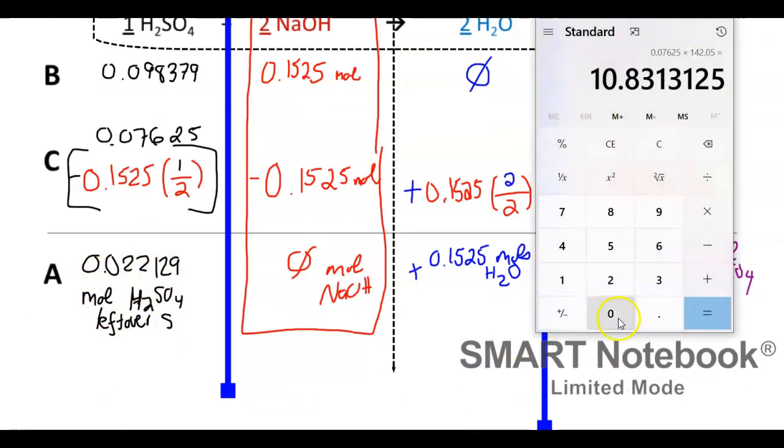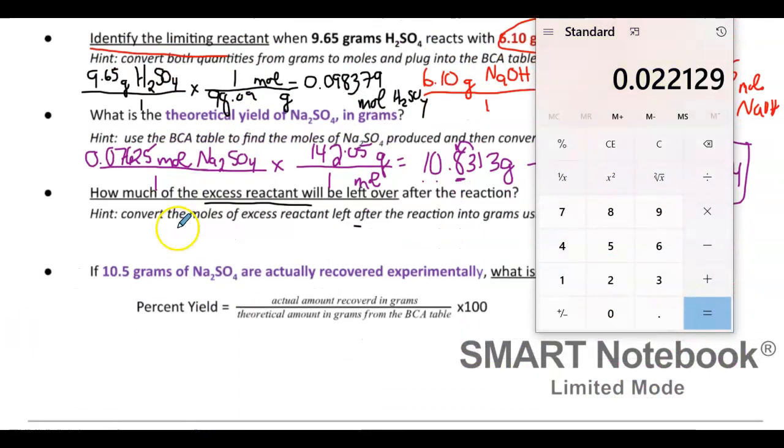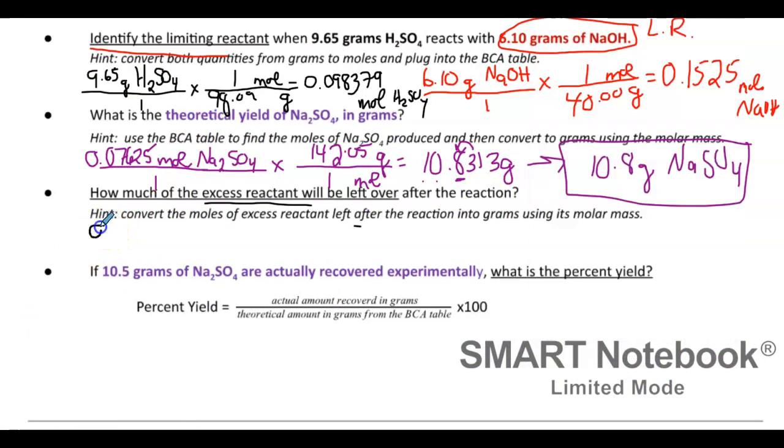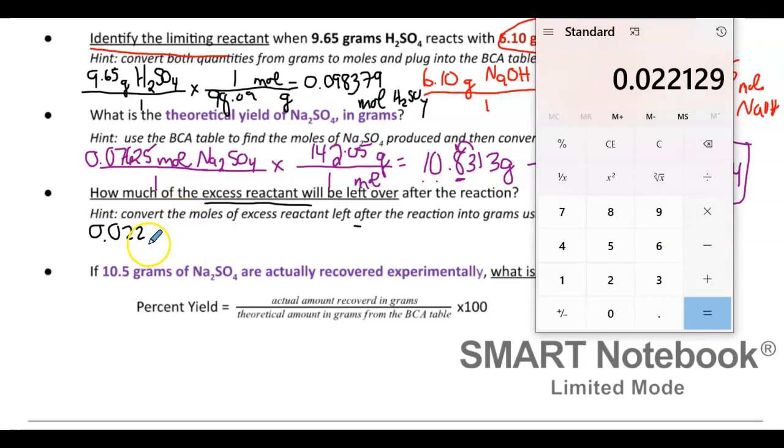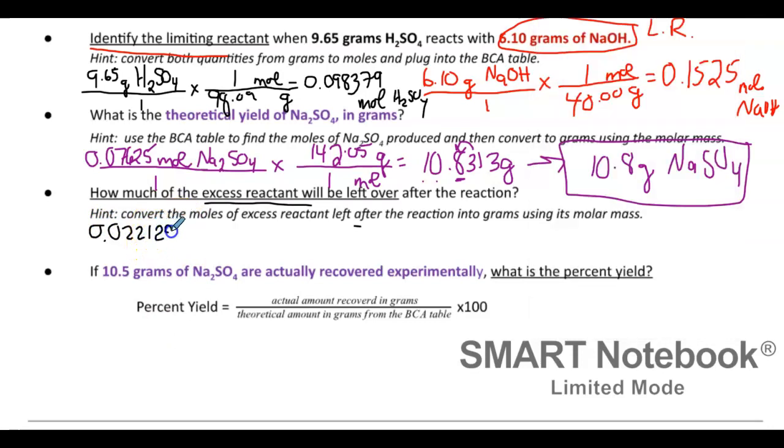Let me put that into my calculator. I don't want to round this number because I'll lose some precision if I round before I'm finished. So 0.022129. That's my leftover moles of sulfuric acid, H2SO4.